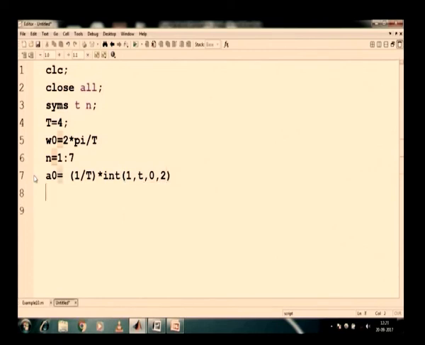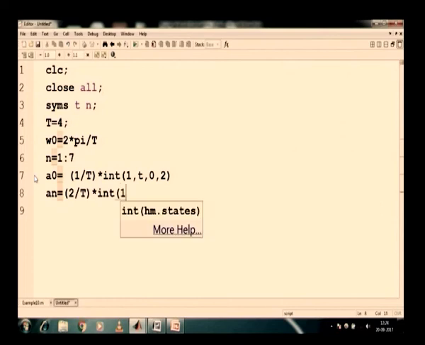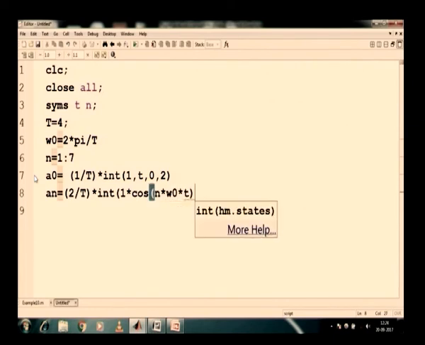Now, write the formula a n equal to 2 by t multiplied with integral of 1, f of t value is 1, then cos of n multiplied with omega naught multiplied with t, then integral over t comma the limit 0 comma 2.